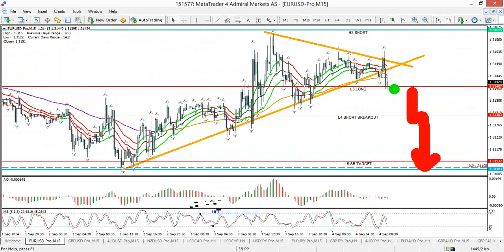But it's still 5 hours to go, so maybe it's possible to take a short, but you want to be careful that you close it probably before the event, maybe an hour before the event, in fact.